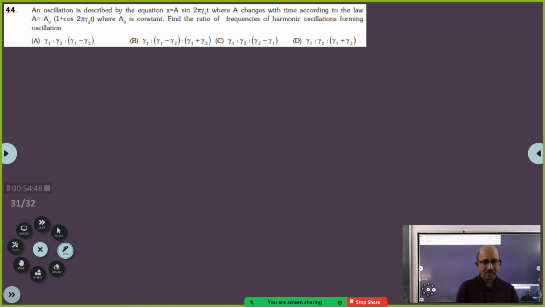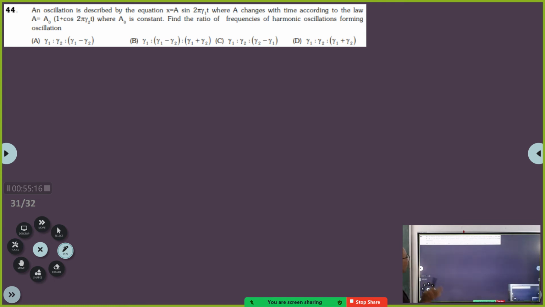Sir, they have given one equation that is describing an oscillation. Don't explain the question, what they have given. What is the theory behind this? That is what I'm asking, not the question analysis. Now read the question carefully. They have not used the words simple harmonic motion, correct? An oscillation is described by this equation.